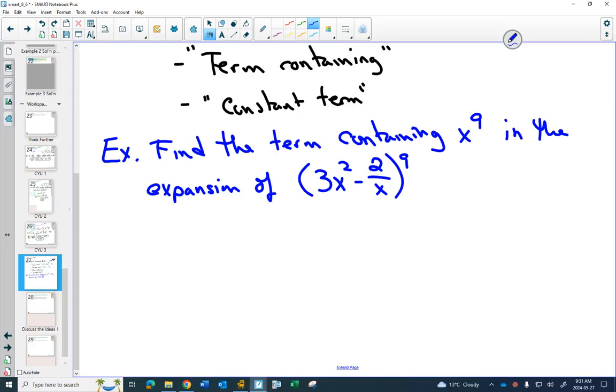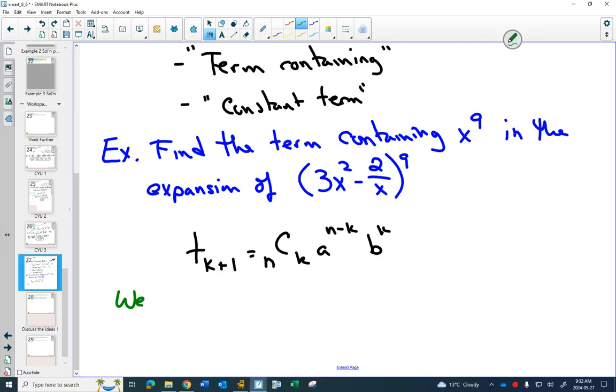So here's my formula from my formula sheet. In this case, I would know n is 9. I know what a is. I know what b is.